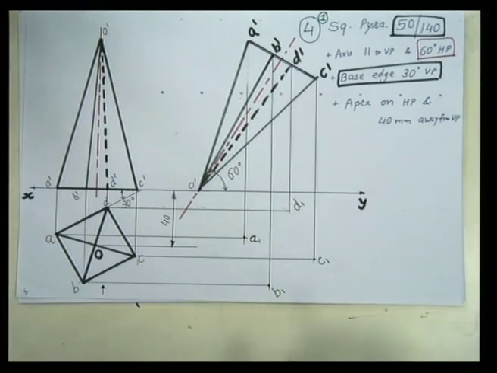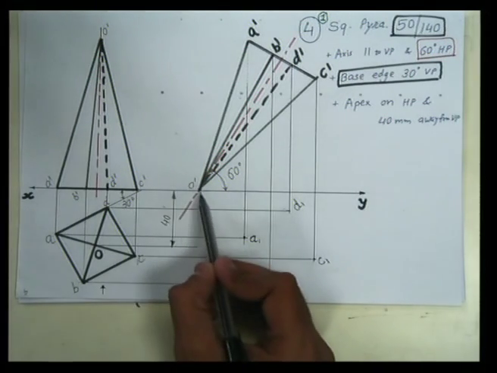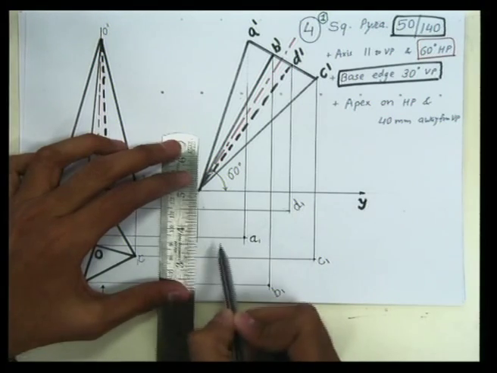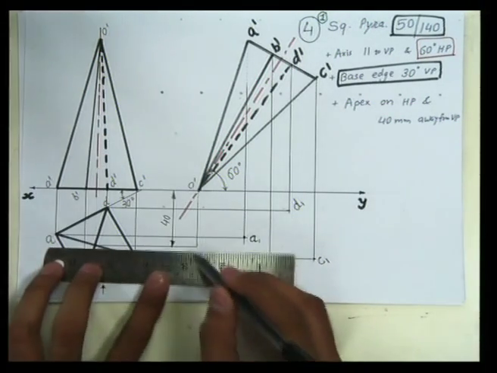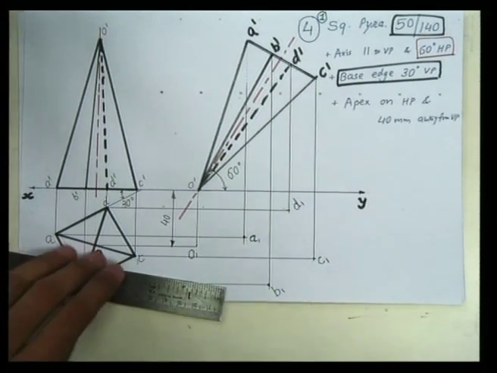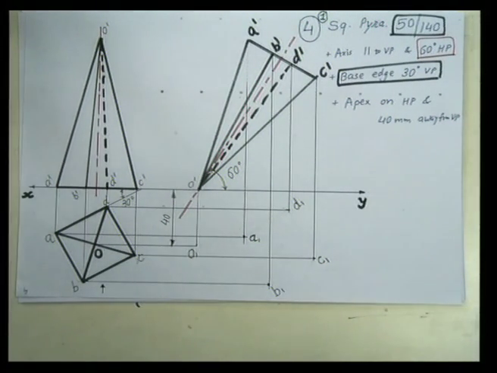So A, B, C, D, four points are there. Now point O dash is here, so from O dash draw a vertical line, from O draw a horizontal line, both will meet at one point, that is point O1. So these are all the points that we have located.